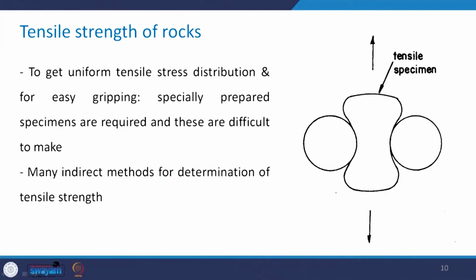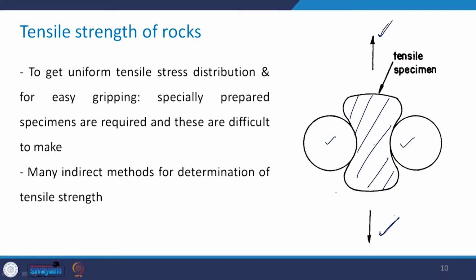Take a look here at this and then you will realize what I mean to say: it is difficult to make a special shaped specimen. So, you see, in order to get uniform tensile stress distribution throughout the specimen and for easy gripping, we need to prepare these specimens specially, and these are so difficult to make.